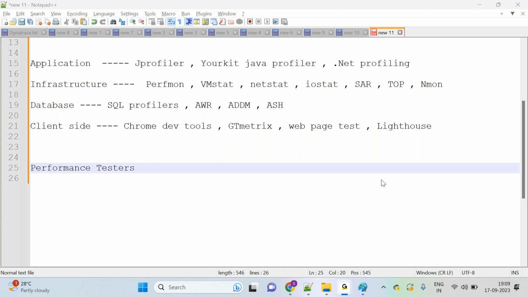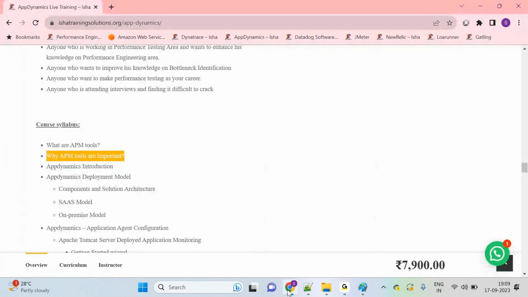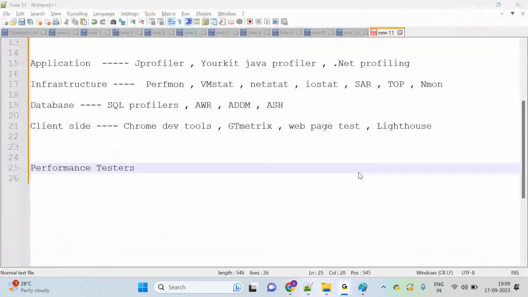So I repeatedly mentioned AppDynamics, Dynatrace, New Relic, Datadog. These are very famous commercial tools in the market, along with CA APM, which earlier was called Wily Introscope before they changed it to CA APM.